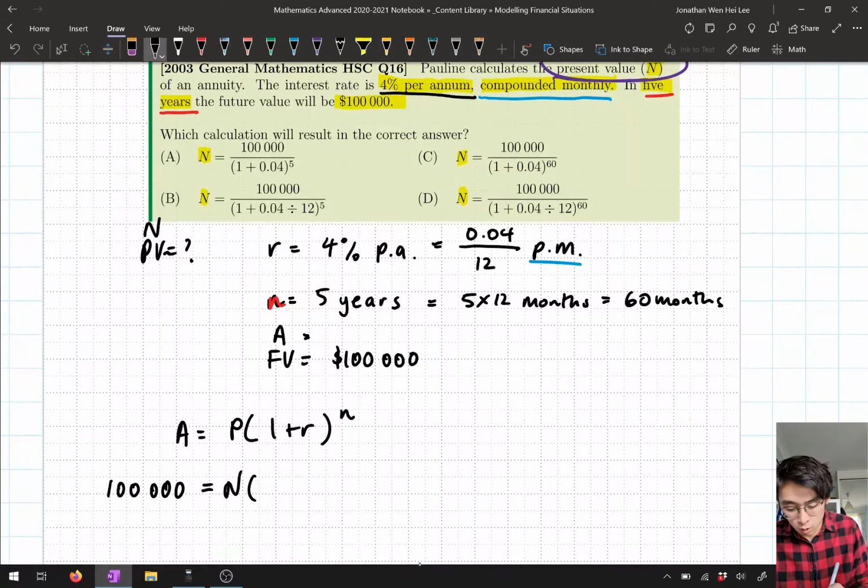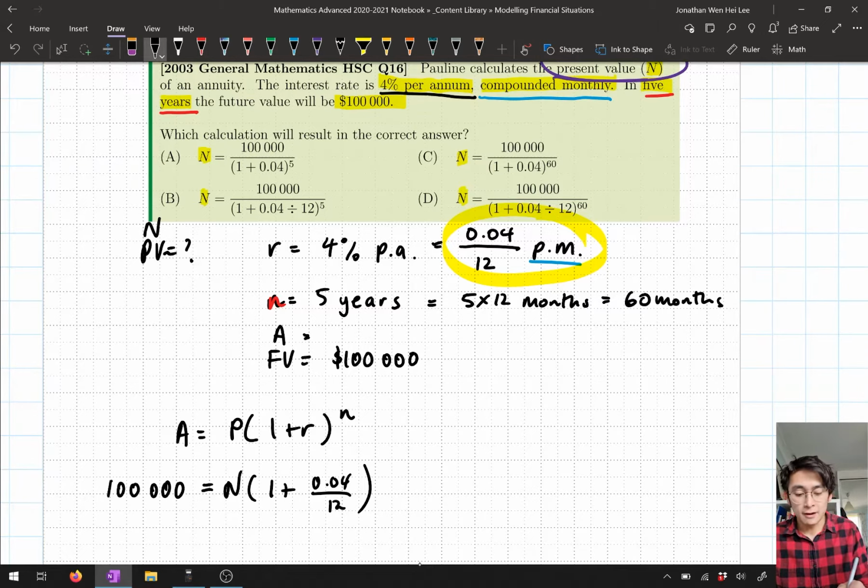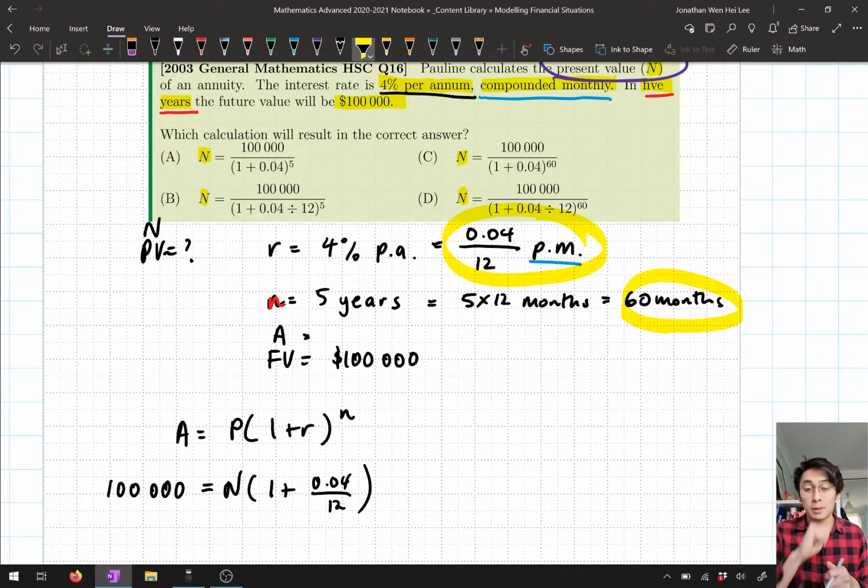I'm going to write here 1 plus the rate, which we found over here was 0.04 divided by 12. So 0.04 over 12 to the power of, well, the value of n that we found was 60 months, because we need to match up our interest rate with the compounding period, the number of periods with the compounding frequency. So here, that's just going to be to the power 60.